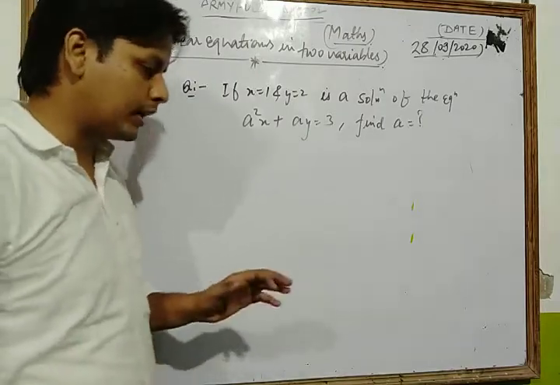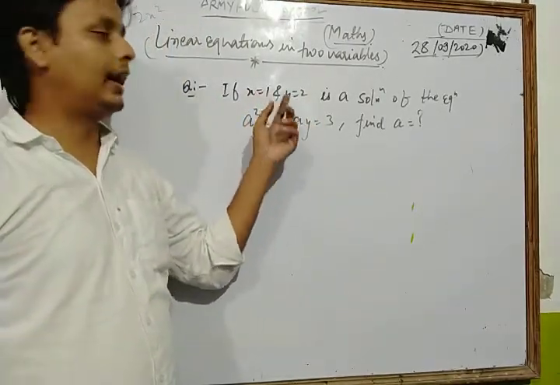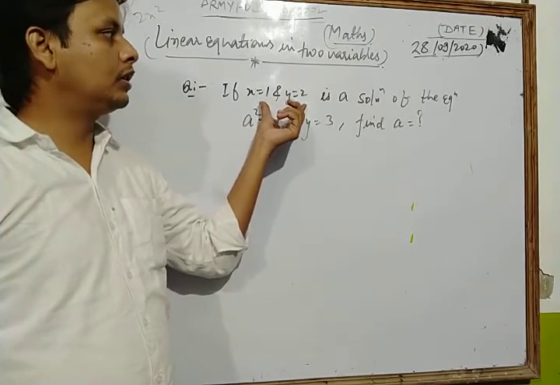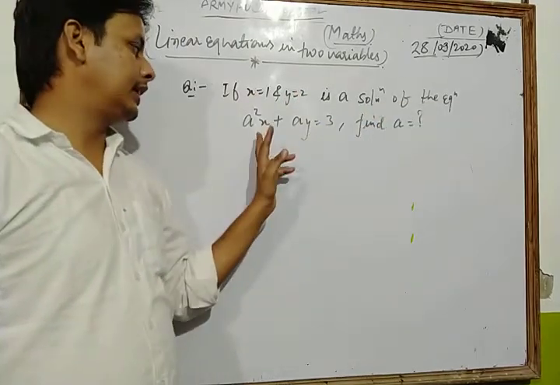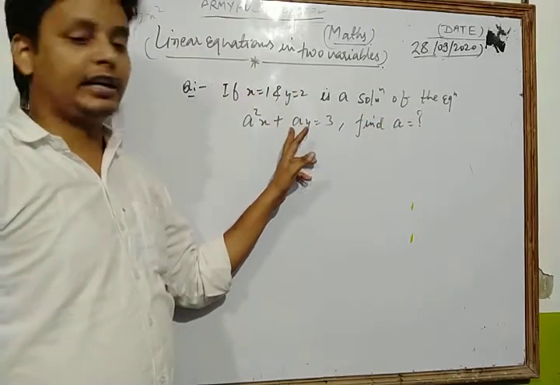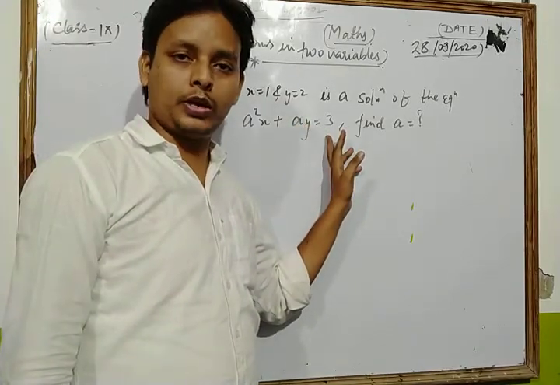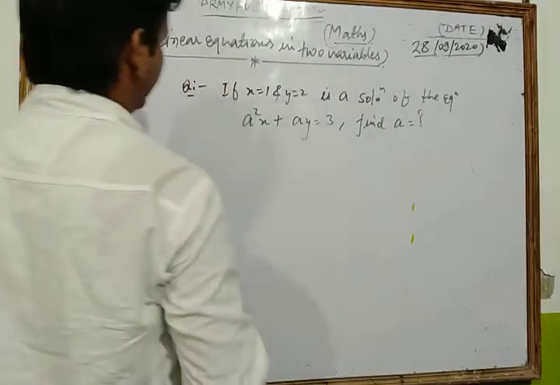Look, dear students, here x is equal to 1 and y is equal to 2. These values are the solution of the equation a square x plus ay is equal to 3. Now let's see its solution.